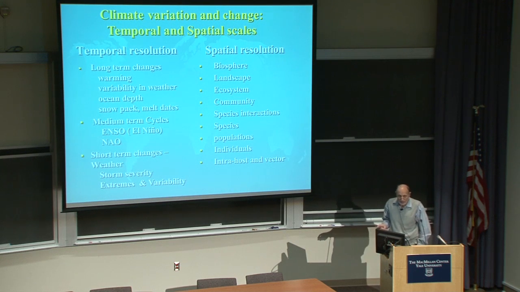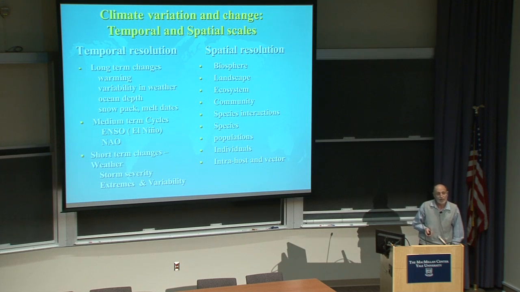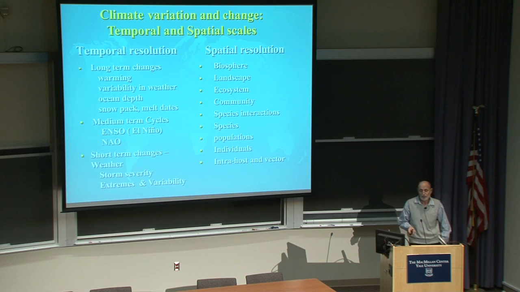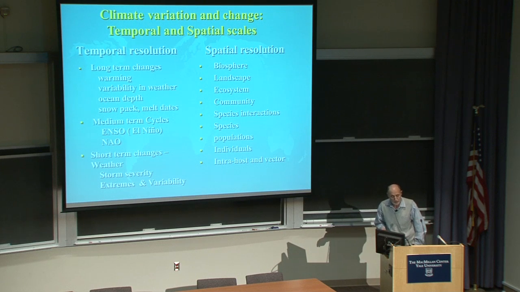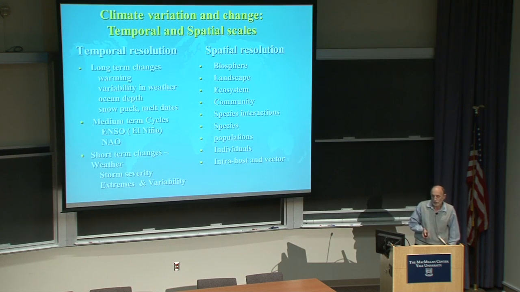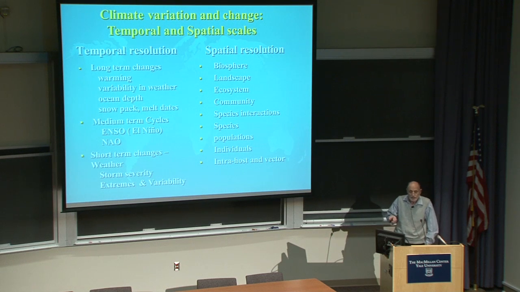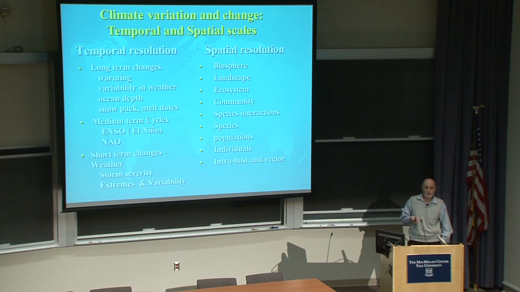And of course, we have to talk about the issue of scale, and people have talked about the global resolution level, people have talked about the local resolution level, but both temporally and spatially, we are dealing with factors and their impacts on a range of resolutions going from the interannual to the daily, and spatially from what's happening within a household or between individual hosts, all the way to the biosphere.